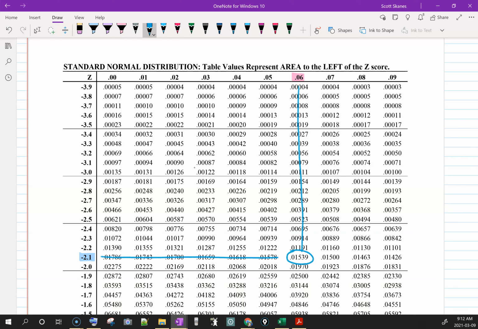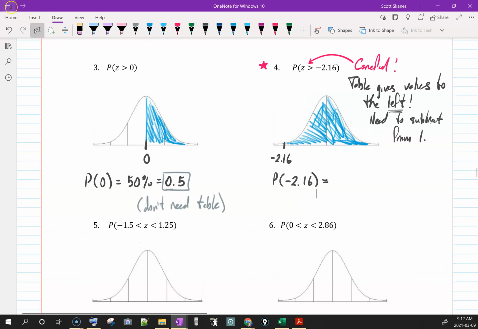The probability of being below that point is 0.01539. That should make sense because this is a very small region. So if that is 0.01539, the answer is actually 1 minus that.